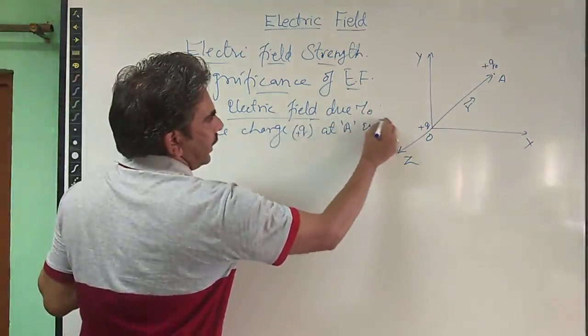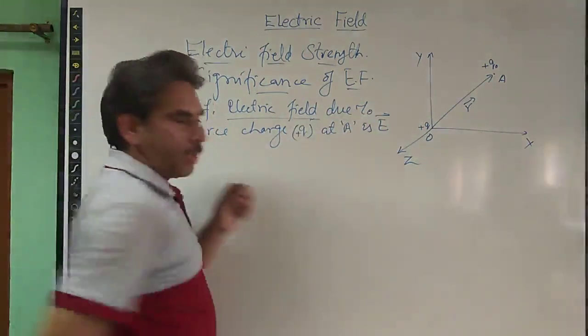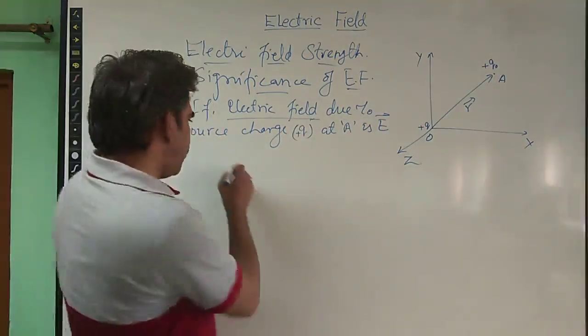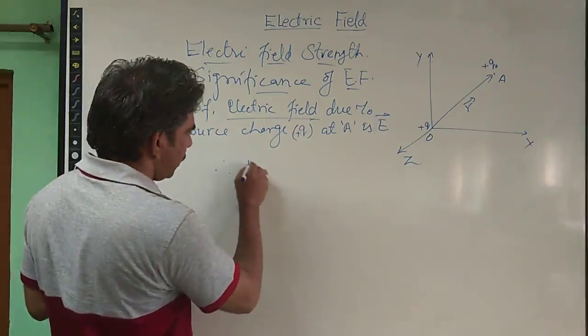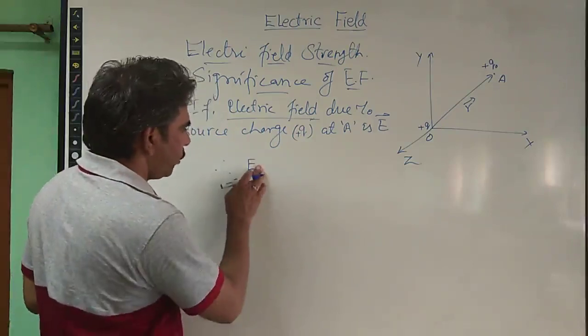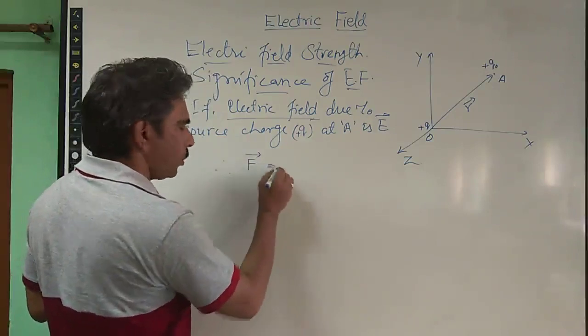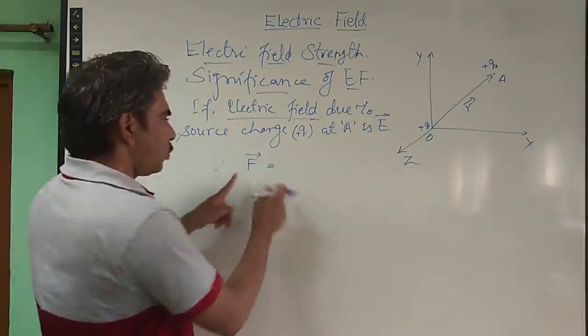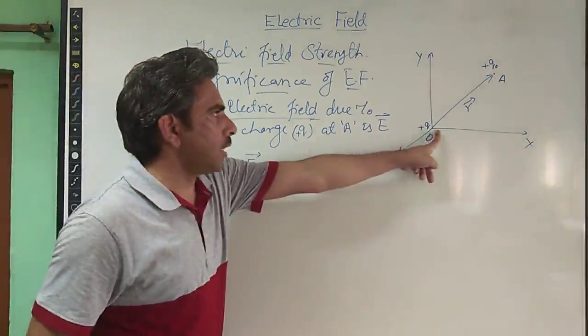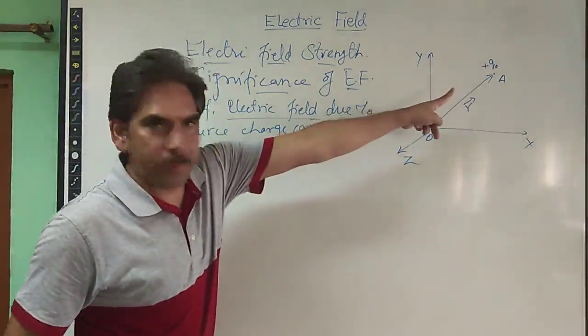is, if we indicate it with the symbol E, so we can write the strength of the electrostatic force first, according to Coulomb's law. What is the electrostatic force due to this charge at O on the test charge placed at point A?